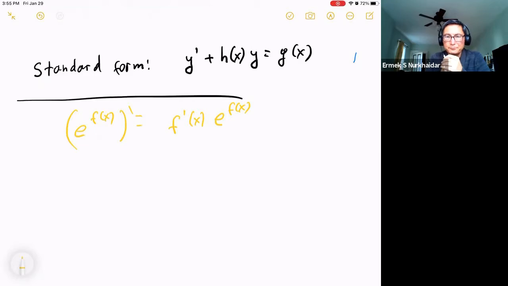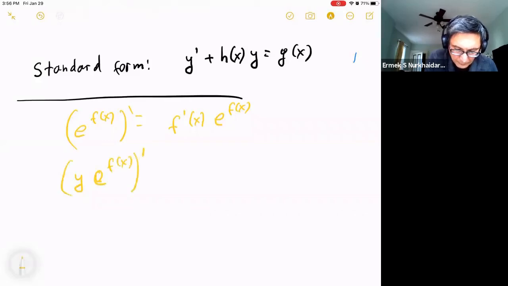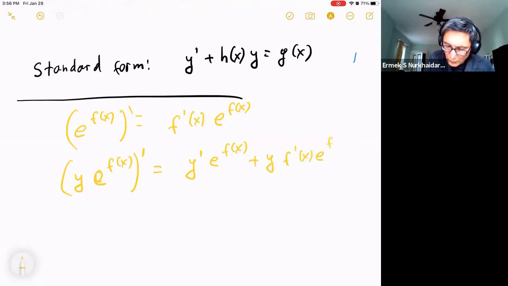So that's the chain rule. In particular, if I take y times e to the f of x, that is going to be equal to the derivative of y first, times e to the f of x, plus y times the derivative of e to the f of x.